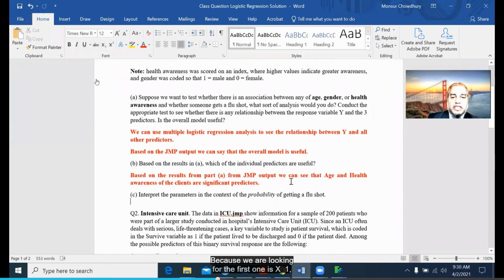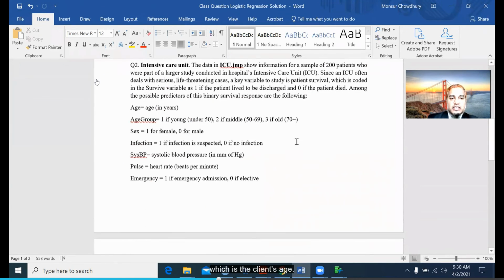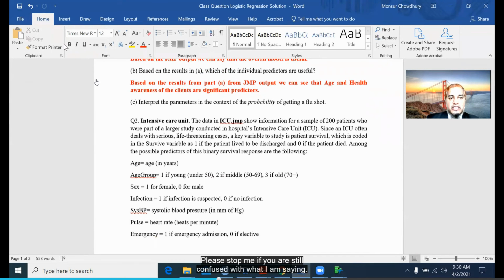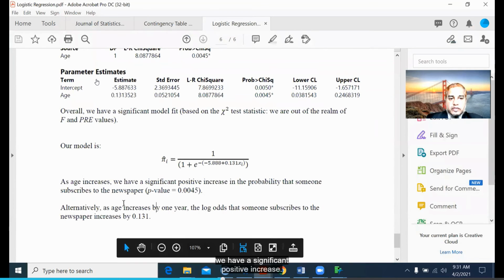Because we are looking at the first one, which is x1, the client's age. So we can say, please stop me if you are still confused about what I am saying, as age increases, so what I said here, we have a significant positive increase.